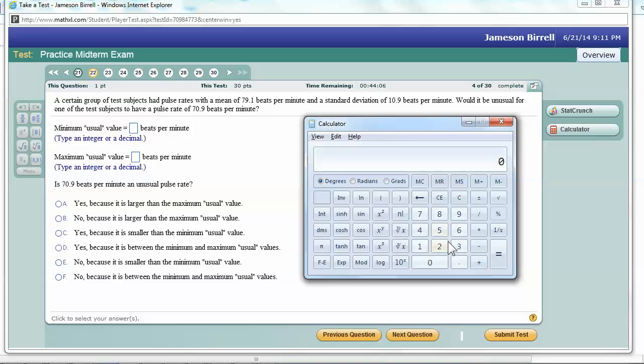So we're going to take the standard deviation right here, which is 10.9, and we're going to double it. In fact, I'll just go ahead and save that number. 21.8, and I'm going to subtract it from the mean, and that will be my usual min, and I'm going to add it to the mean, and that will be my usual max.